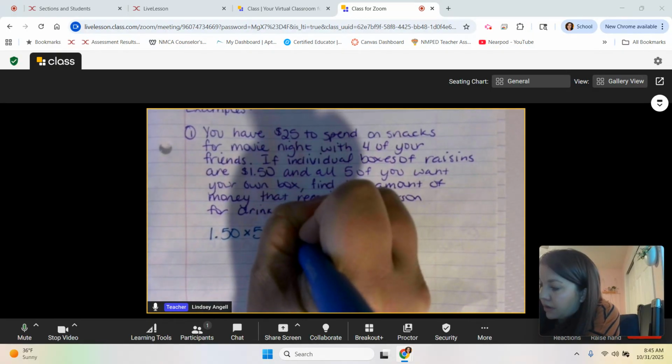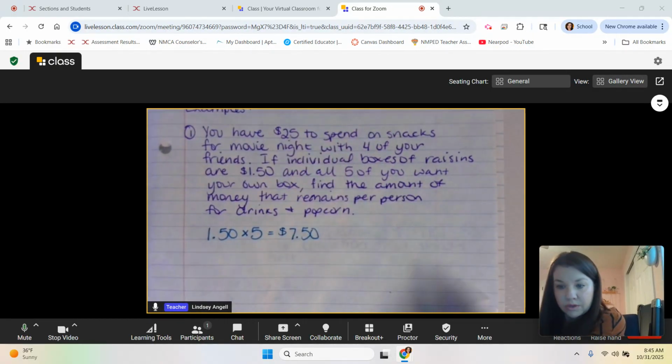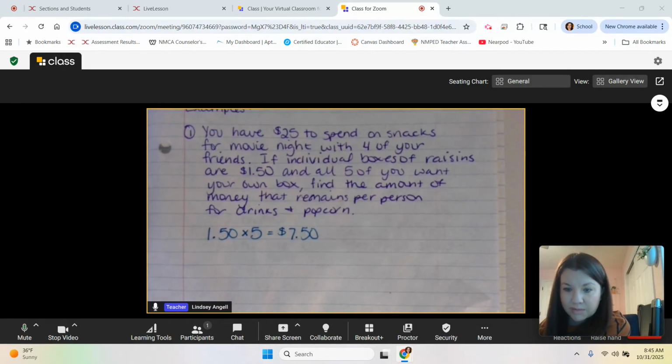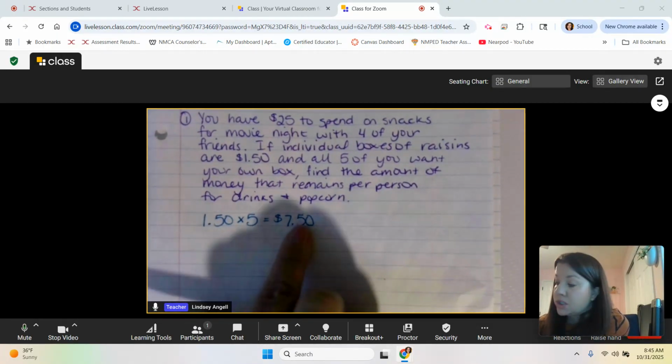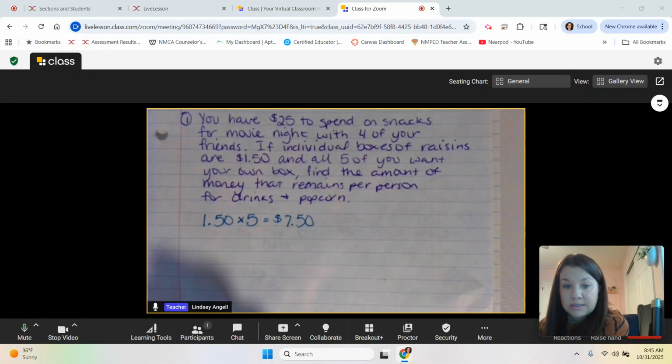You can do it on a calculator if you don't want to do it in your head, or you can use the traditional algorithm with multiplying with decimals. Totally up to you. There's lots of different ways to get there. So we know that we are spending $7.50 out of the $25 that we originally got.